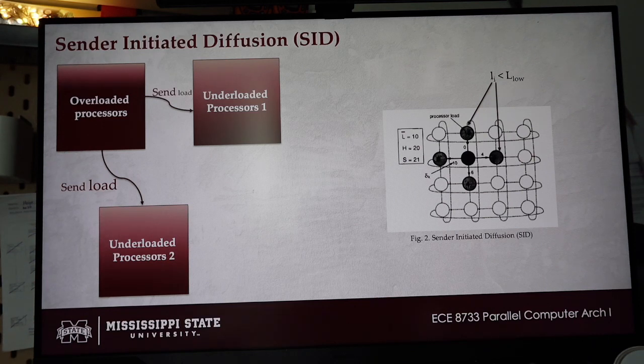That means if underload processor 1 has a higher weight than underload processor 2, then the overload processor will send more load to underload processor 1 than to underload processor 2.